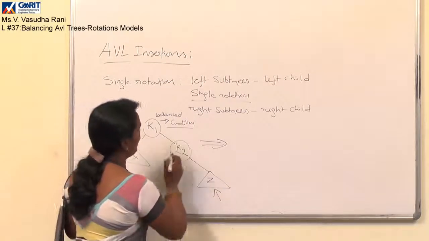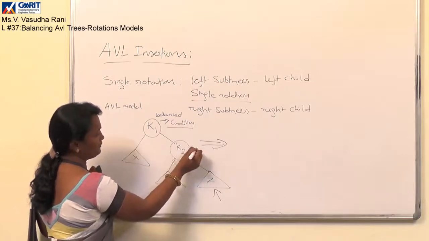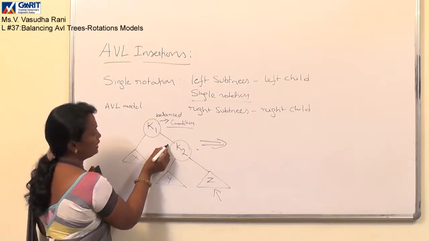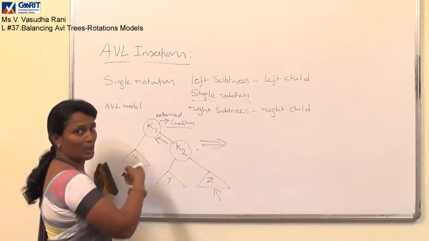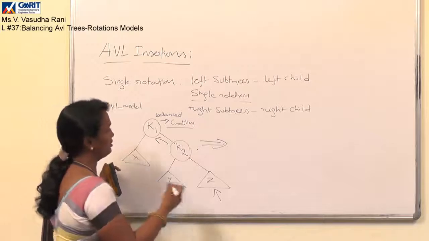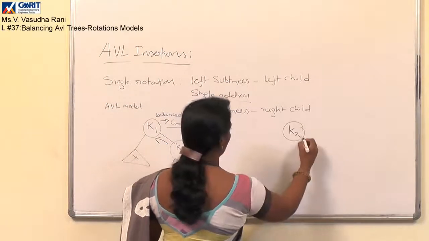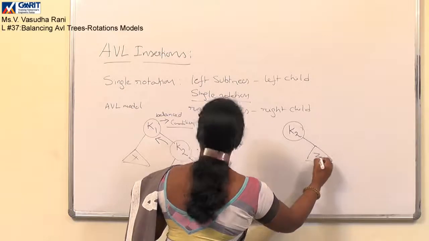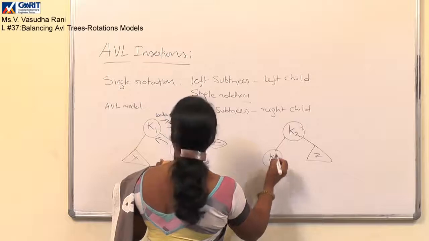For that, K2 will be fixed, and from K2 it will take a single rotation in the anti-clockwise direction. Then you will get K2 and its left will be our K1.